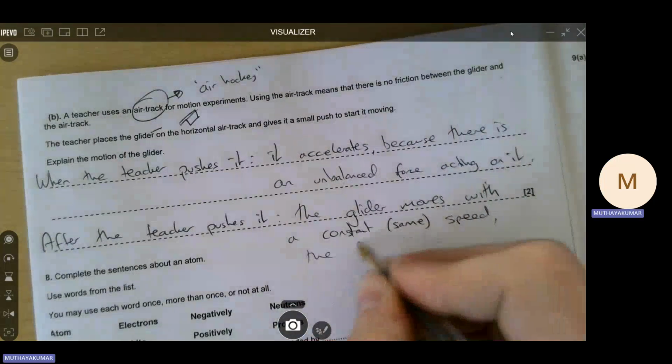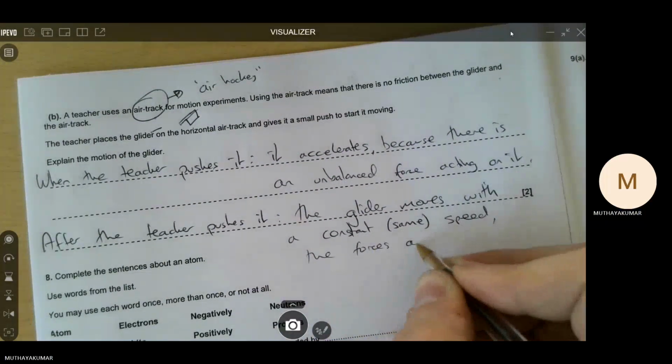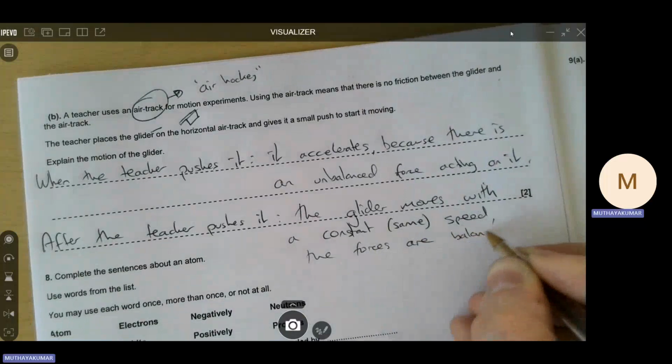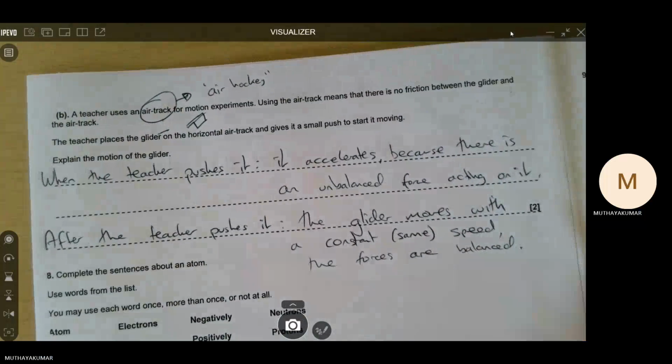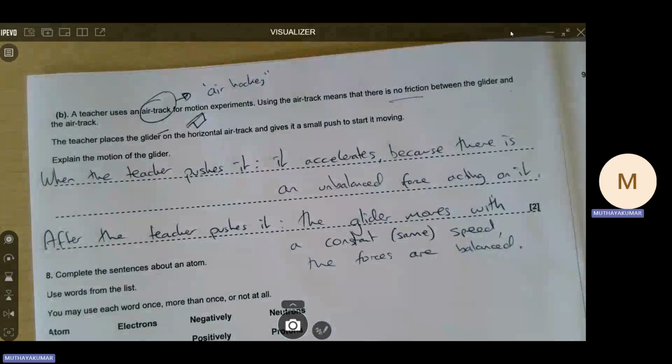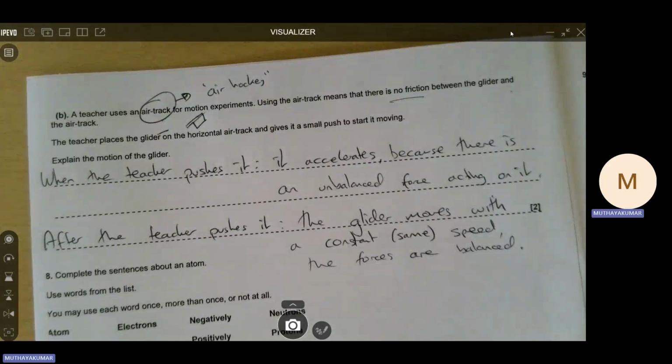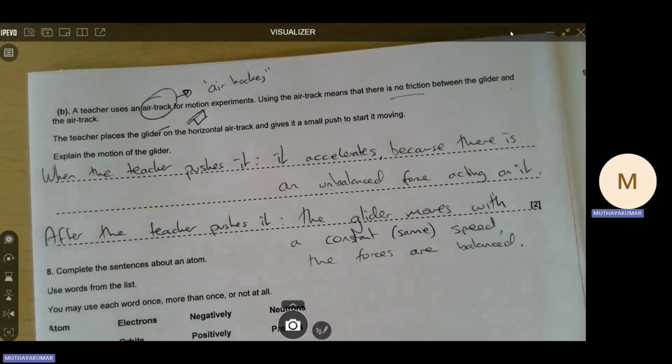The forces on it are now balanced. There is no friction. There is no push force. So it just continues doing what it was already doing. It continues moving at a constant speed, which some of you might remember is one of Newton's laws. It's Newton's first law.